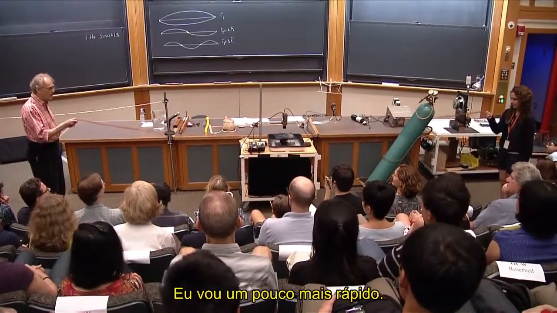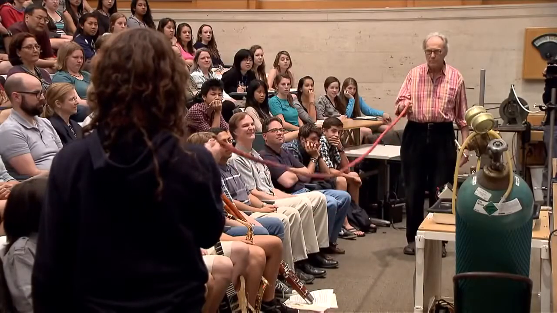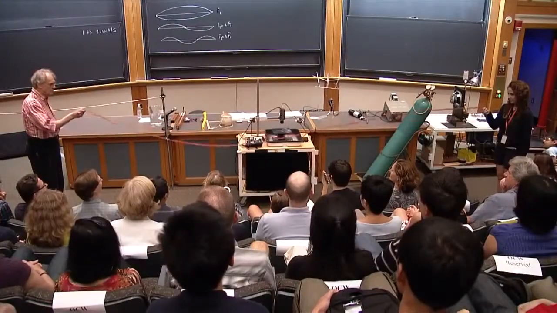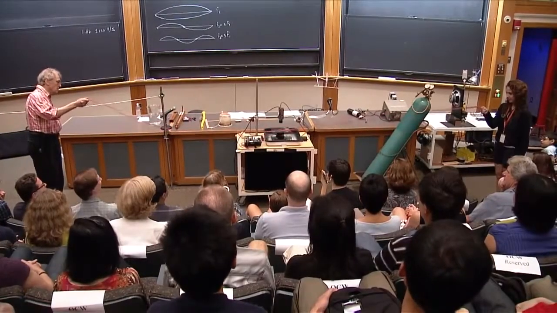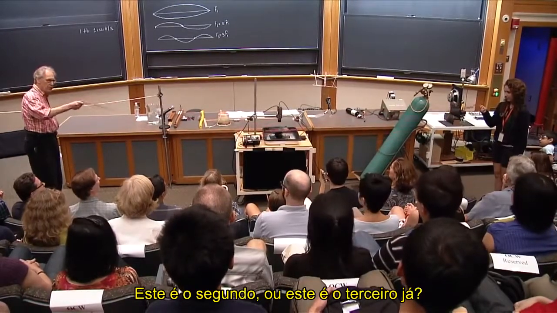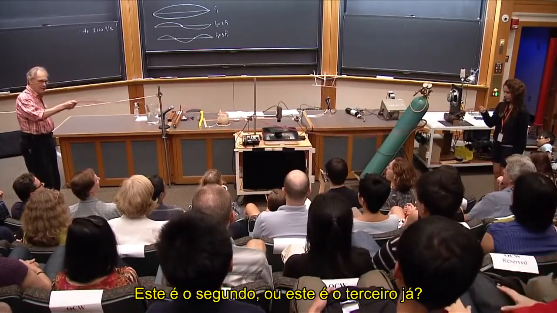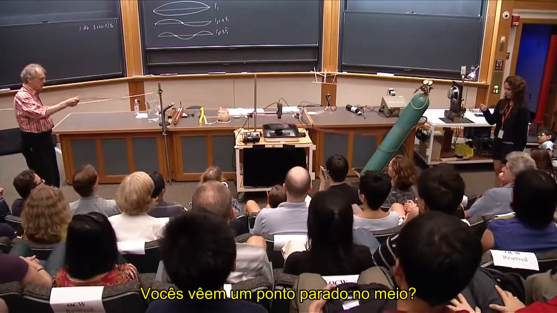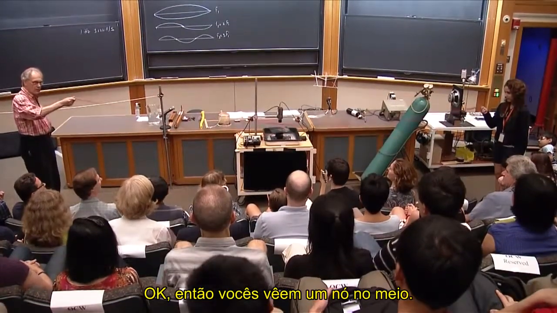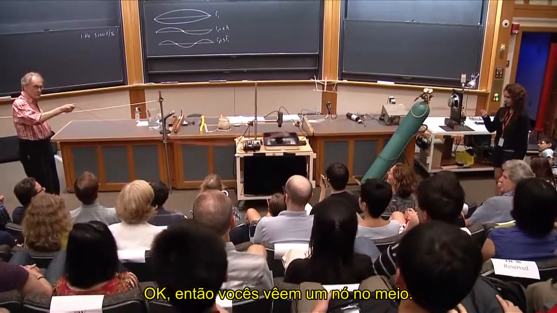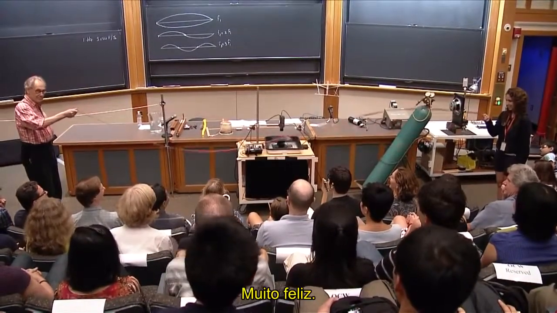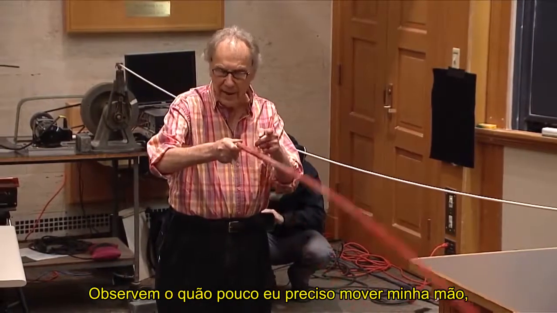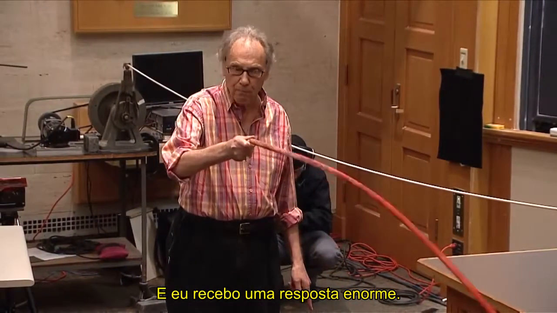I go a little faster. Is this the second or is this the third already? Is this the second? You see one point stand in the middle? Okay, so you see one node in the middle. It's quite happy. It's a resonance. Notice how little I have to move my hand, and I get a huge response.